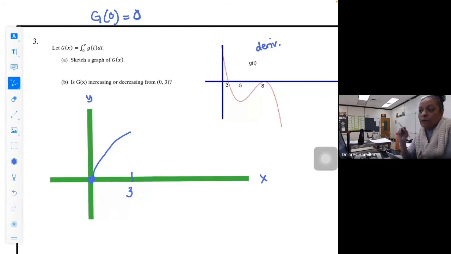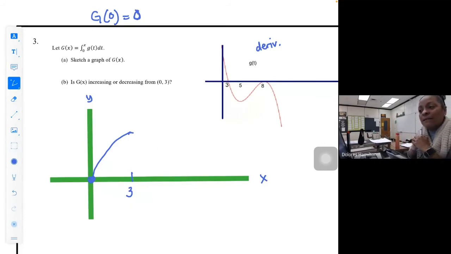Now, let's look. 3 is a critical point as well, right? So we know that 3, it's 0, but now from 3 to 5, my derivative graph is still decreasing, so it's still concave down, but now it's negative. So that means big G is now decreasing.